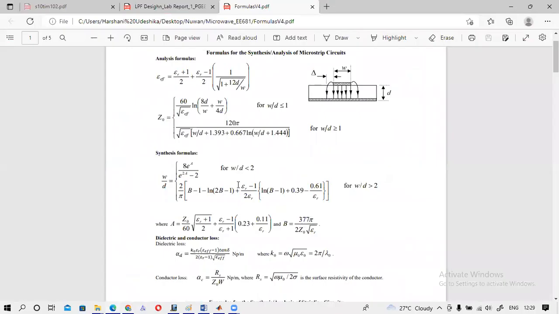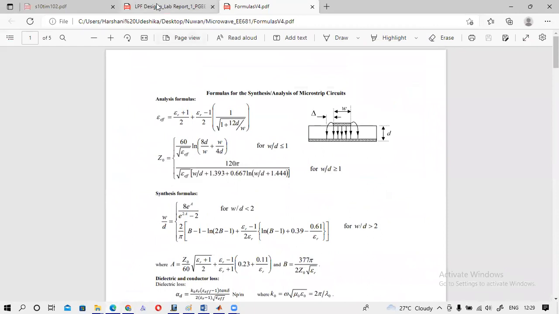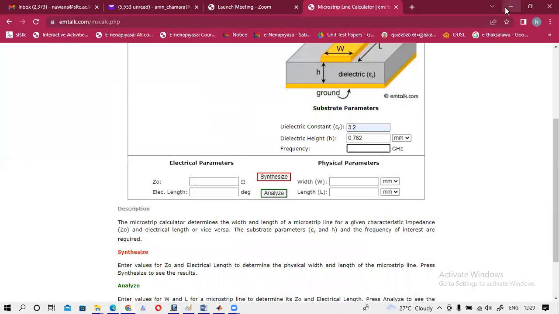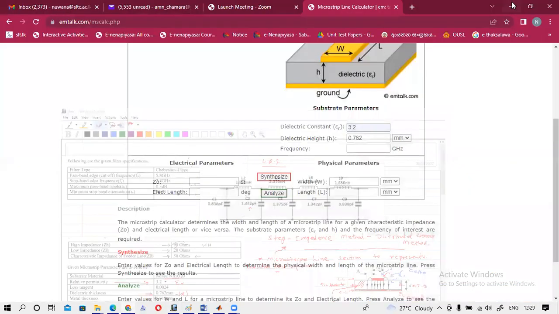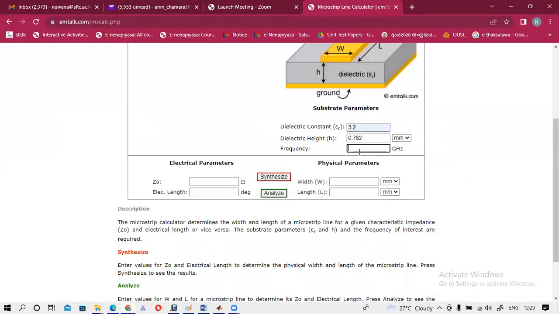You can change the frequency and see how the width is changing; it changes very slightly. Always use the passband edge frequency, that is 5.8 gigahertz. So we put 5.8 gigahertz.